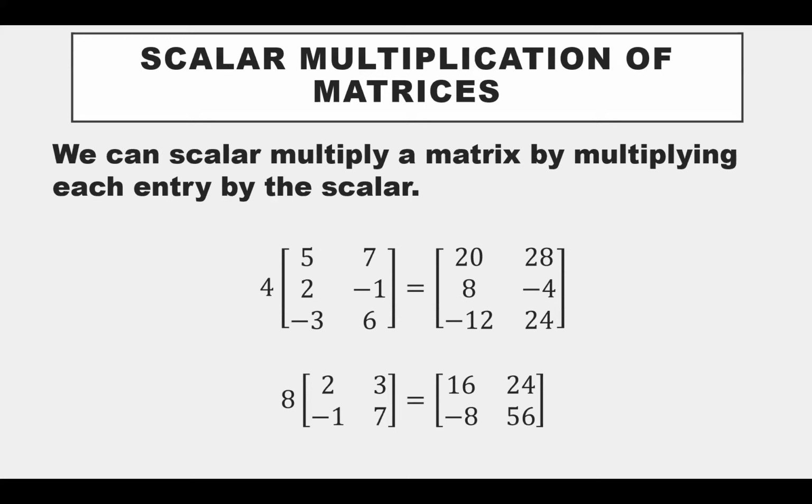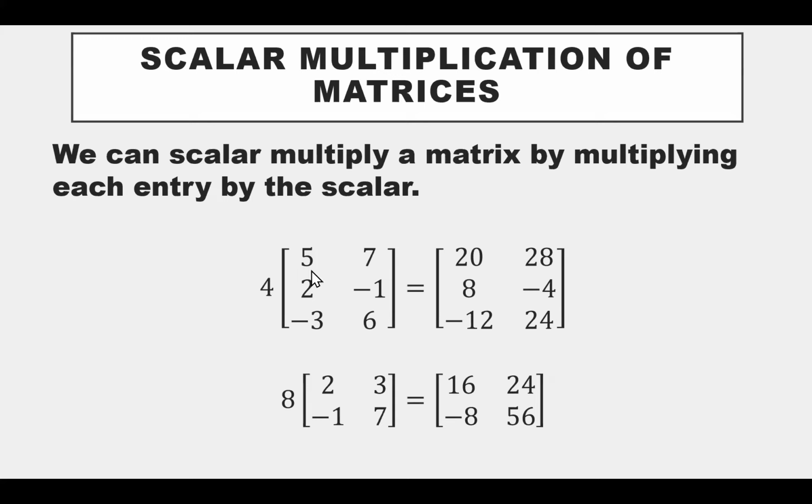Another operation on matrices that we have to look at is the operation of scalar multiplication. When I say scalar, that just means a real number that we're going to now multiply by the matrix. When I multiply a number times a matrix, I get the resulting matrix out as just each entry multiplied by that number.